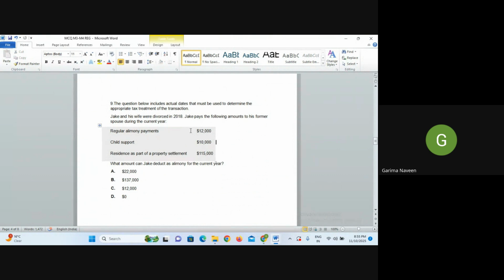So in the current year, he is paying some amount to his spouse, and the divorce was in 2018. So you need to tell what amount can be taken as deduction. Regular alimony payments, 12,000. Okay.